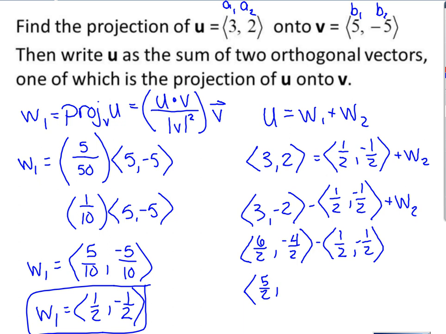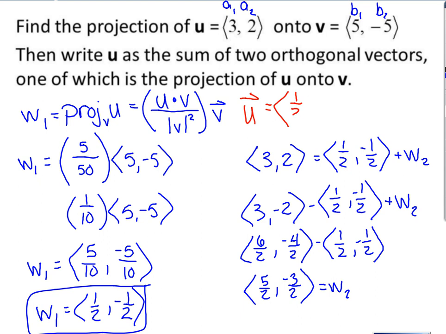Negative 4 halves minus negative 1 half is going to give us negative 3 halves, because that'll turn into a plus. So if we want to write u as the sum of those two vectors, then vector u will equal the vector of 1/2 and negative 1/2 added to the vector of 5 halves and negative 3 halves.